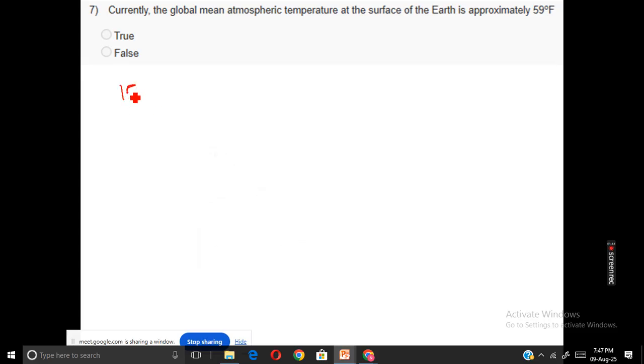Now, if we convert 15 degrees Celsius to Fahrenheit, degrees Fahrenheit is equal to degrees Celsius into 9 by 5 plus 32.